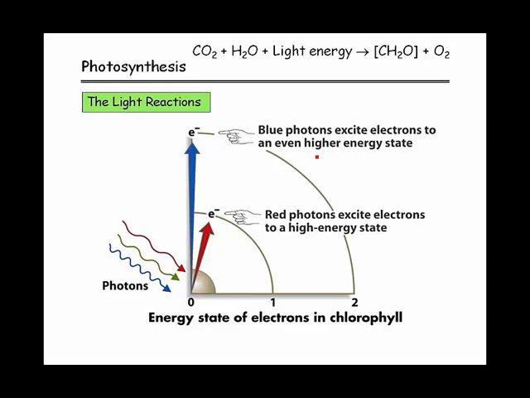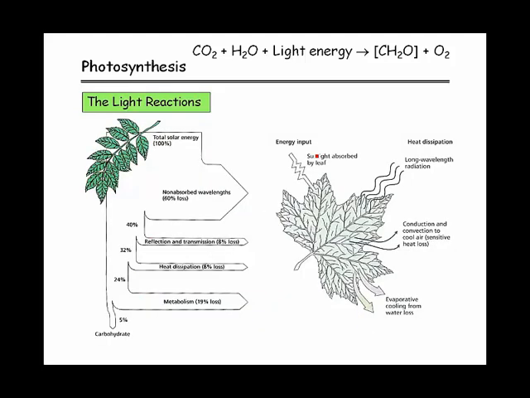If we look at the efficiency of photosynthesis, just so we can compare it with respiration, keep in mind that respiration was a very efficient process. Respiration was 40% efficient, meaning that 40% of the energy that was released from the glucose molecule did get packed away in ATP molecules. In the case of photosynthesis, we are much less efficient. We will start with basically 100% solar energy coming into the leaf.